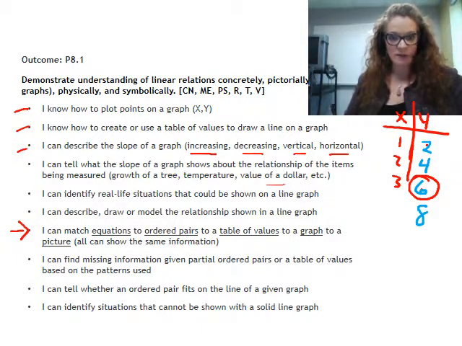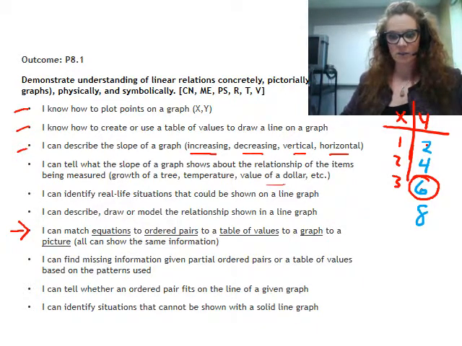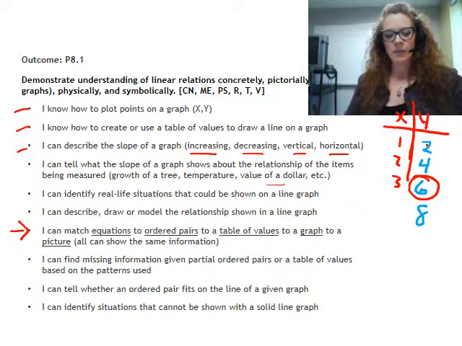Tell whether ordered pairs fit on the line of the graph, and identify situations that cannot be shown with a solid line graph. So I didn't talk about this in the rest of the slides, so I'm going to do this one now. If there's a solid line graph, you'll know from the graphing lessons that we did in grade 8, line graphs are always used to show a trend.